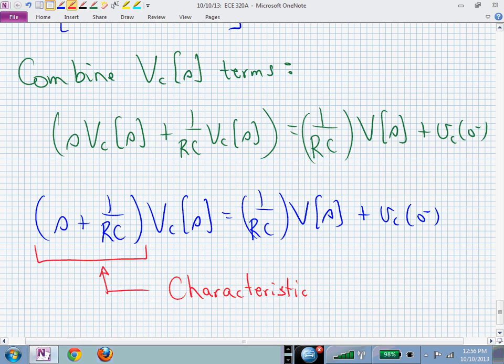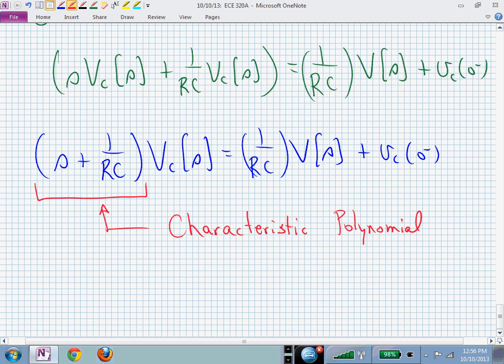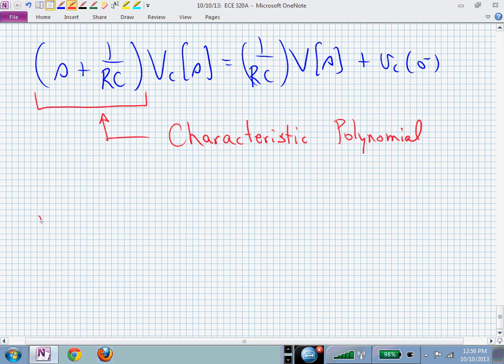It's a polynomial, isn't it? So that's our characteristic polynomial. Let's divide all sides by that characteristic polynomial, and now we can isolate the variable that we want, which is V sub c of s.